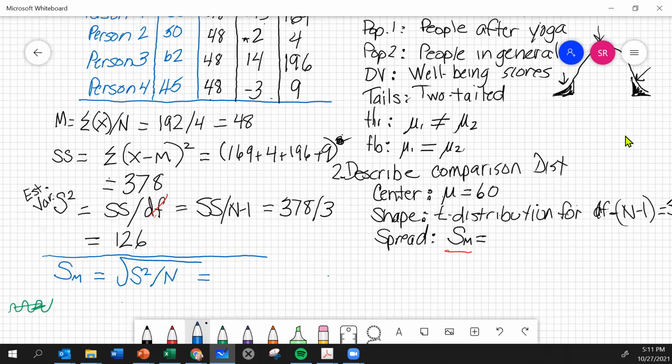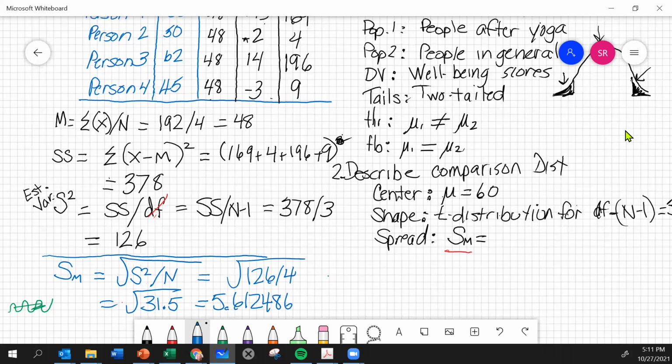The standard deviation for the distribution of means equals the square root of 126 divided by, and in this case, not degrees of freedom, we're dividing by 4, equals 31.5, the square root of 31.5, which equals 5.612486.